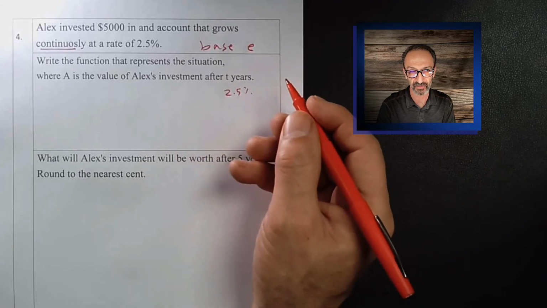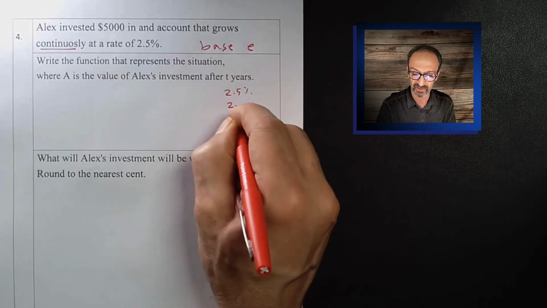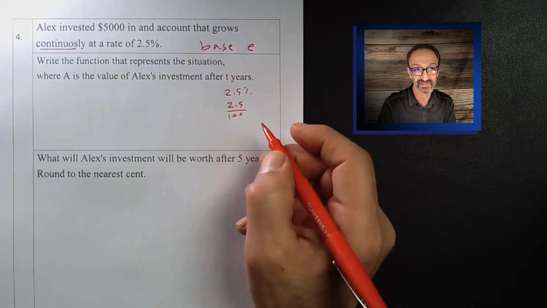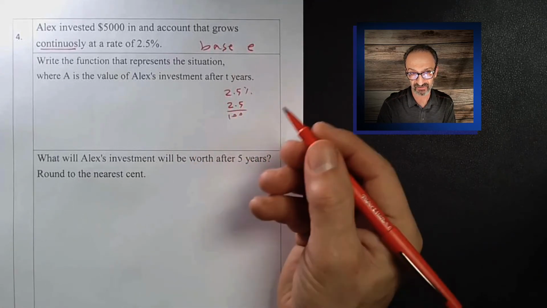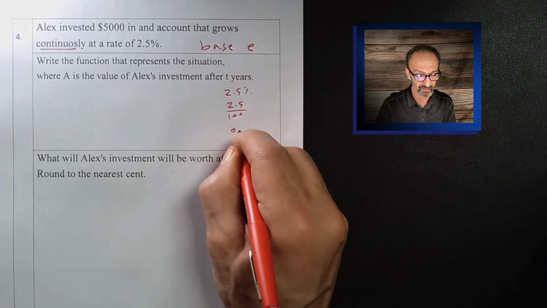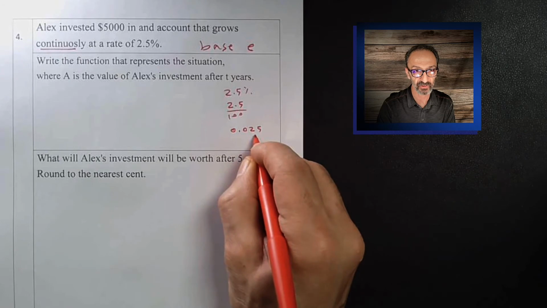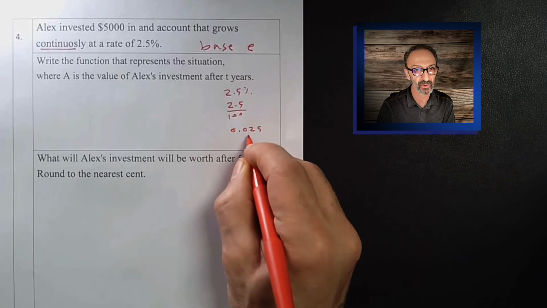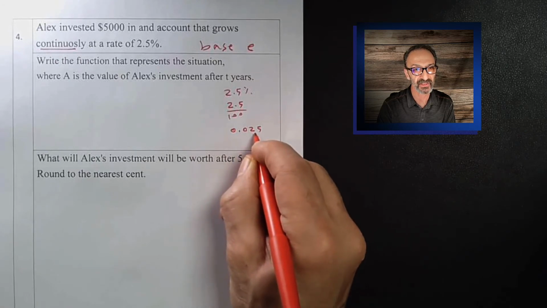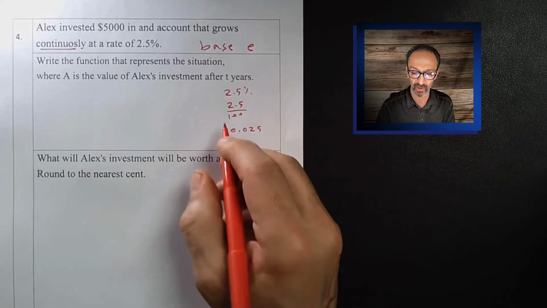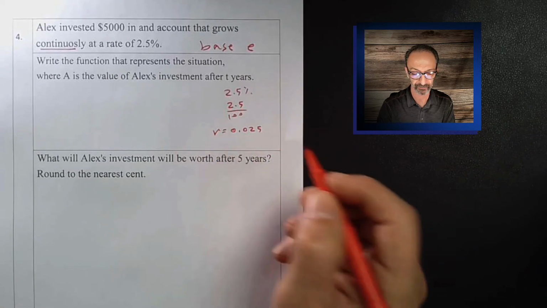That's a regular number, which means it's 2.5 out of 100. Moving the decimal to the left 2 digits, because I'm dividing by 100, that becomes 0.025. The decimal was between the 2 and the 5, and now it's on the left by 2 digits. That's my r, or the interest.